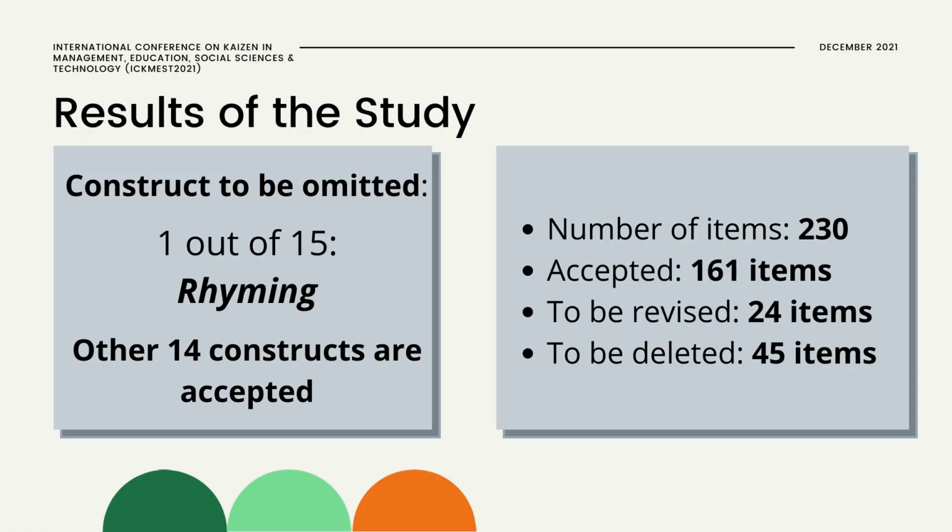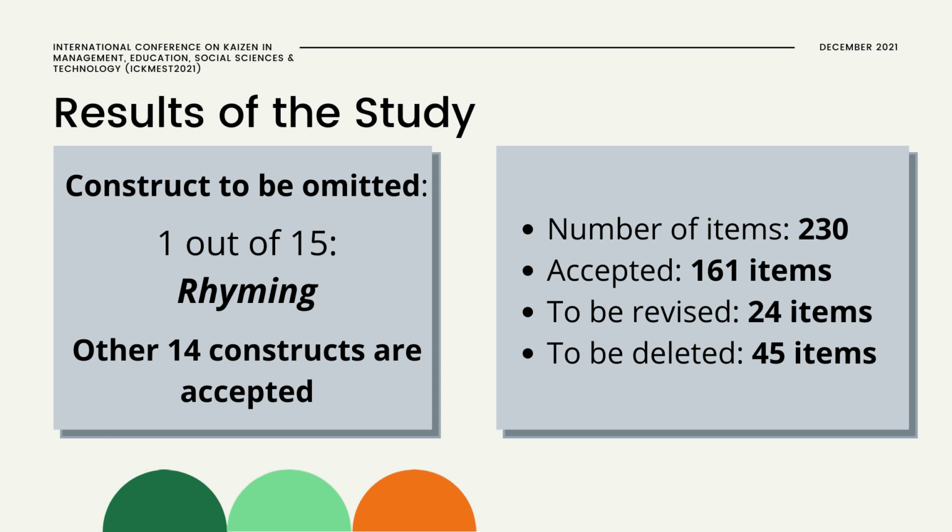So, what's the result of the study? From the fuzzy Delphi content validation procedure, it was found that out of the 15 constructs, one of the 15 constructs must be omitted based on the consensus of the experts.